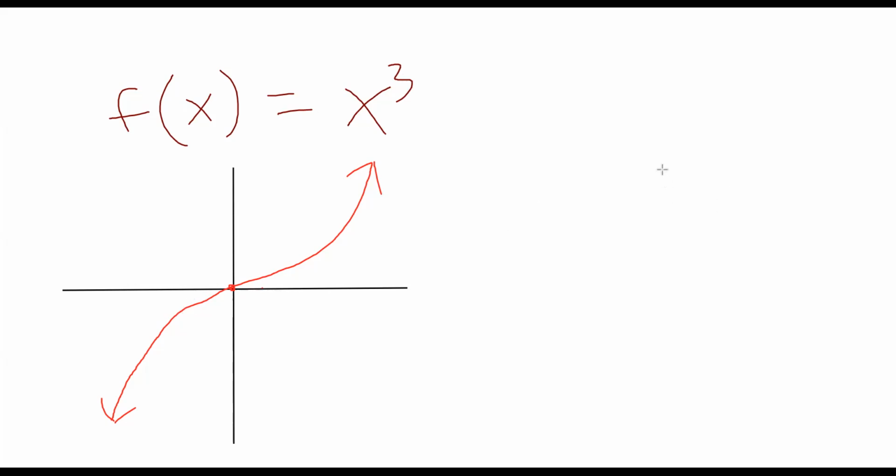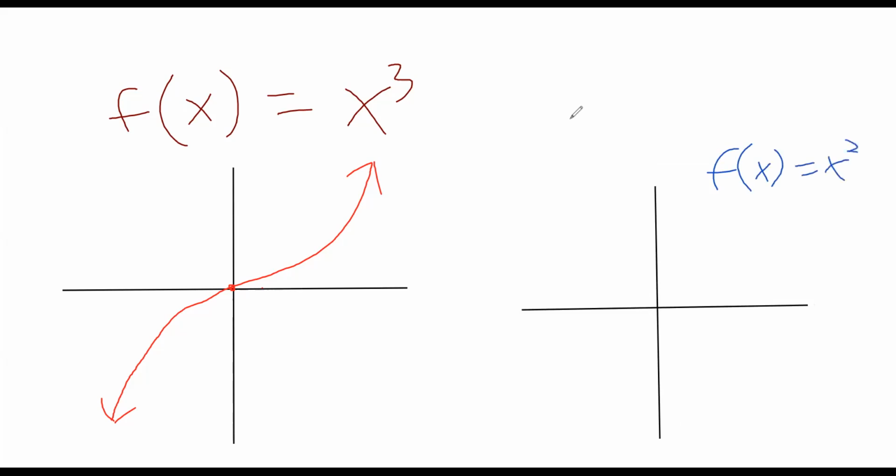Again, compare that to the quadratic function that we just did, the basic parabola shape. What we see is that's not quite the same thing at all. With the parabola, as you put positive x values in, you're squaring them so they stay positive, so the y values are also positive.